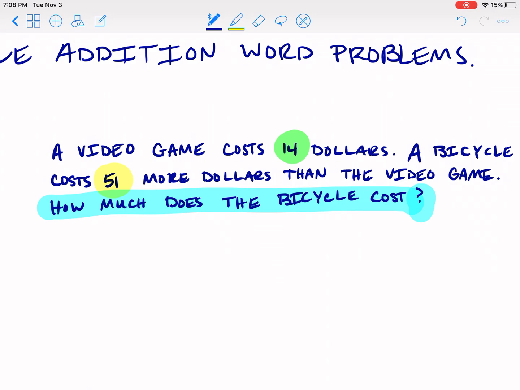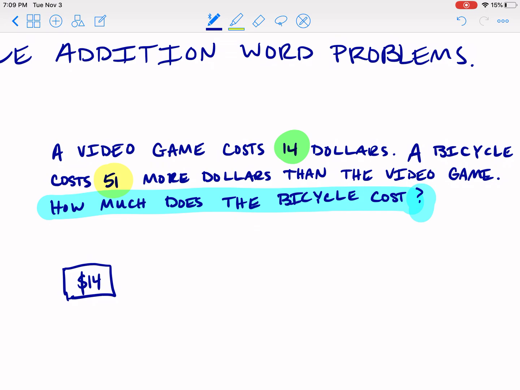So let's think about a model we could use here. So we know that our video game cost $14. Our bicycle cost $51 more than the video game.